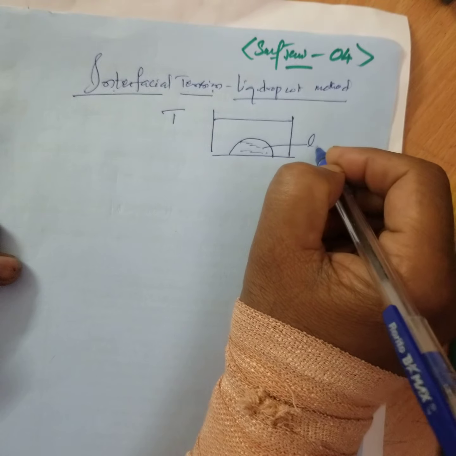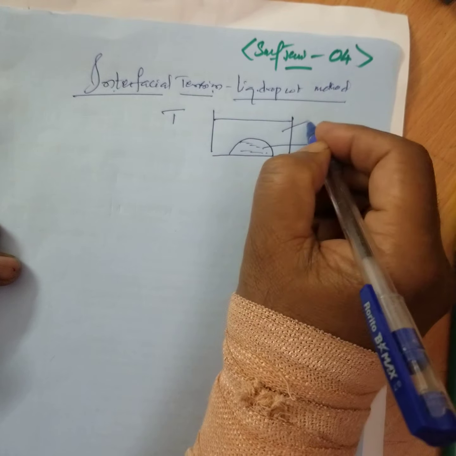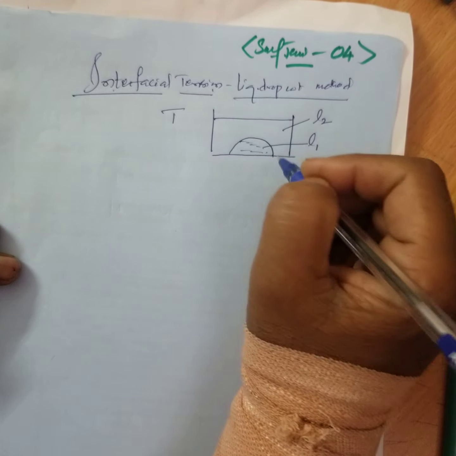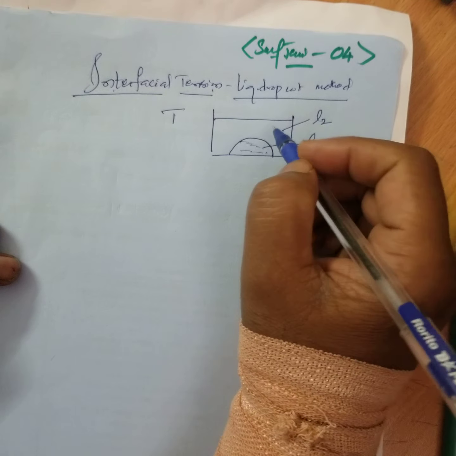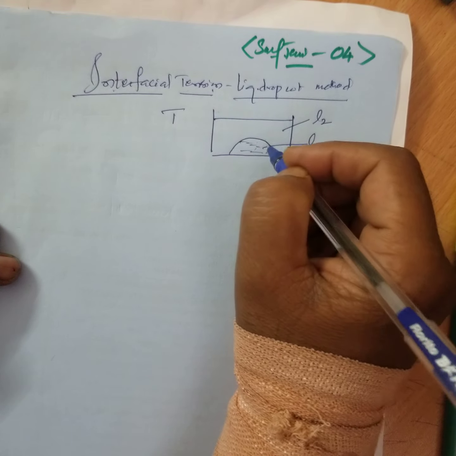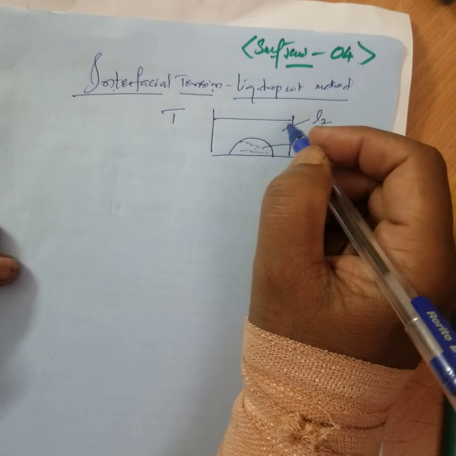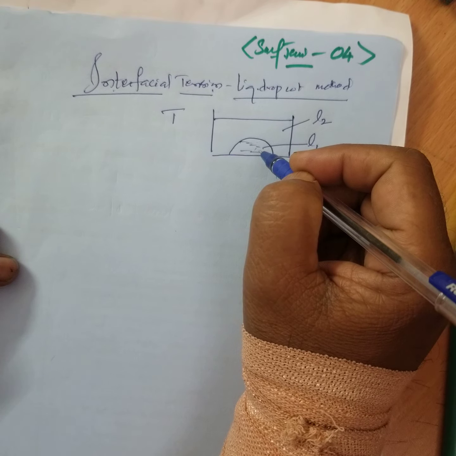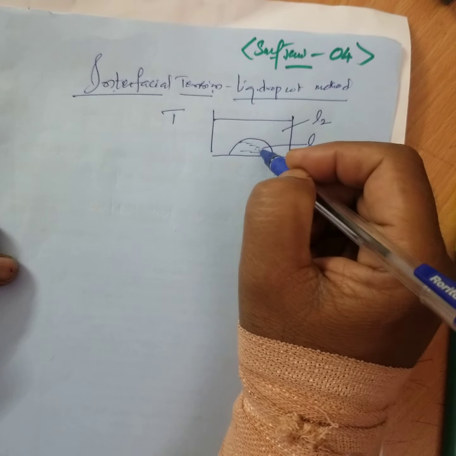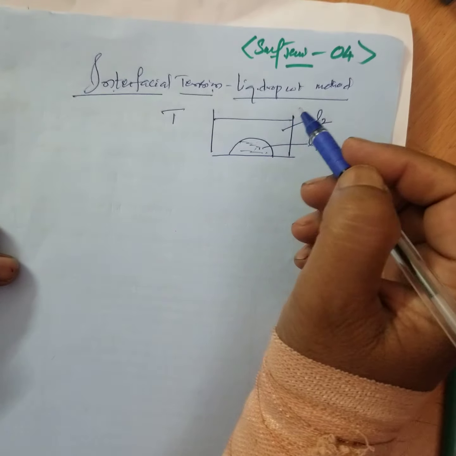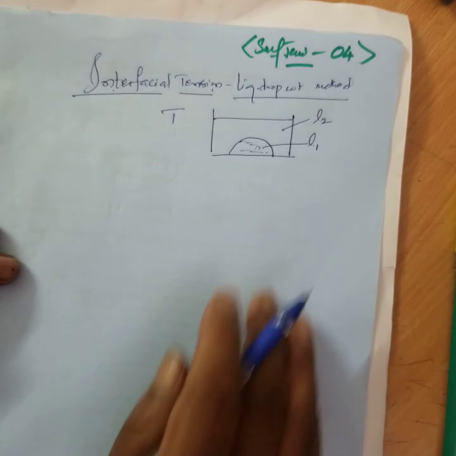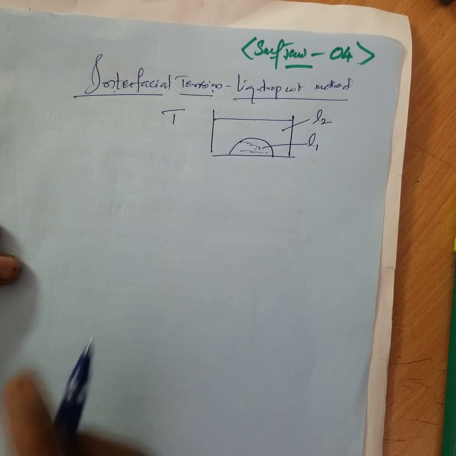This is one liquid, water, liquid one, kept in another liquid, liquid two. And what is the surface tension between one liquid and the other liquid? That is called interfacial tension, which we are going to measure now.